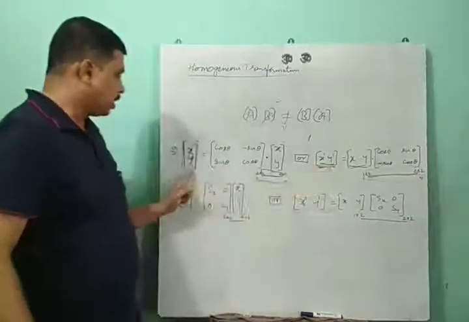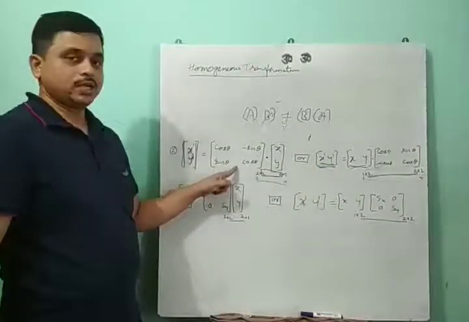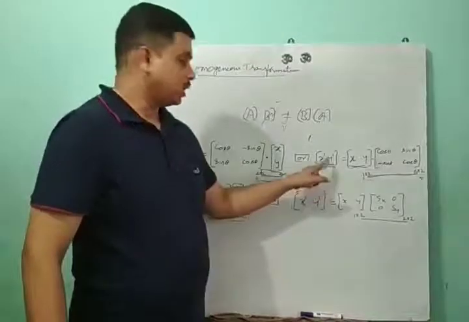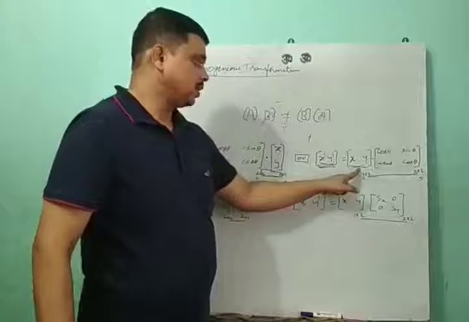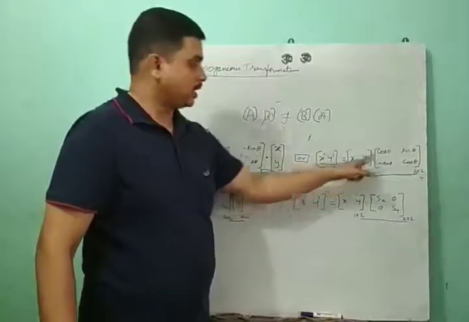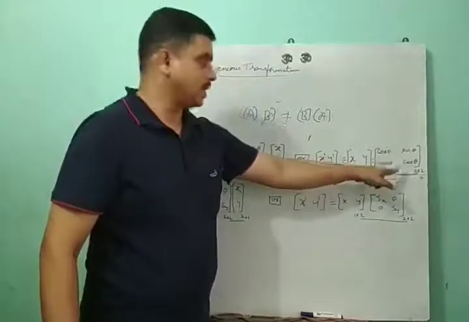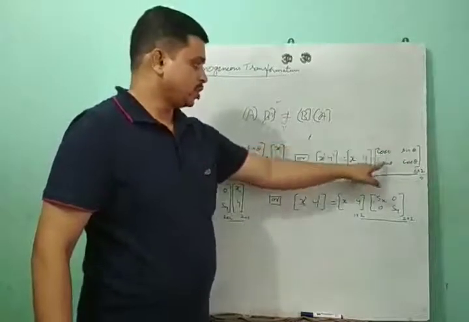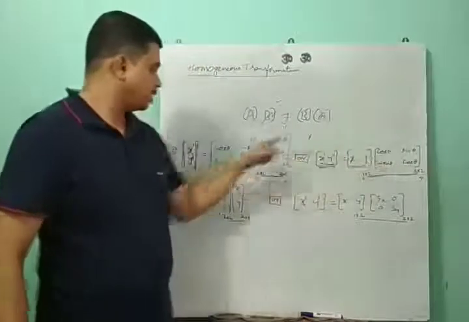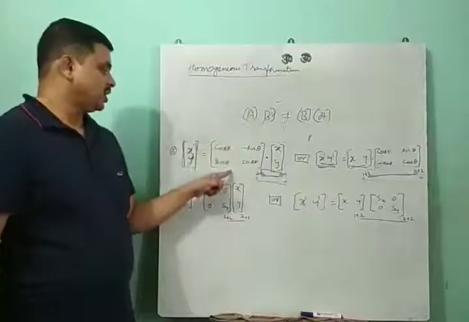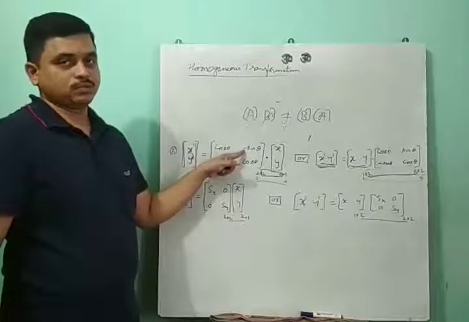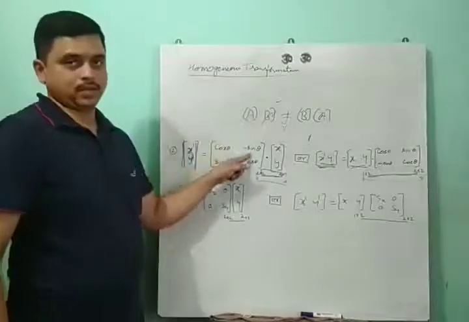If you follow the column matrix, the rotation matrix has to be written first. If you follow the row matrix, the given point has to be written first, then comes the rotation matrix. And here the minus sign should come to the first column, second row. If it is written with the point as the first term, then the minus sign comes in the first row, second column.